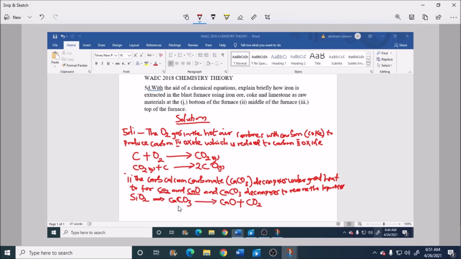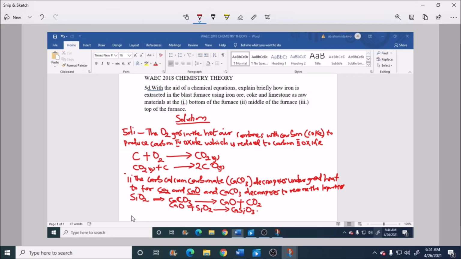Then we have calcium oxide plus silicon oxide, SiO2, to give CaSiO3. So this is what happened at the middle of the furnace.